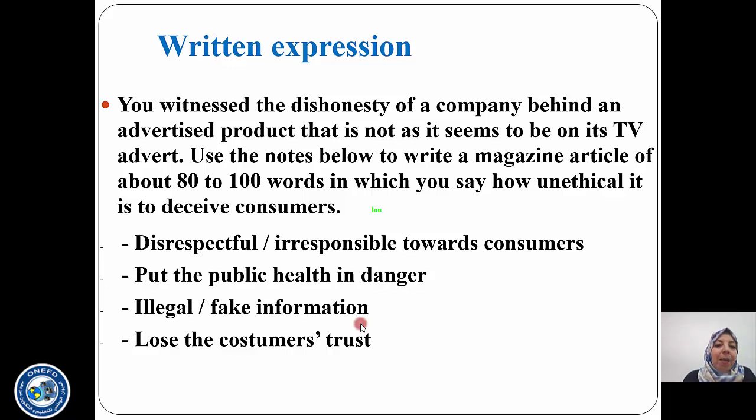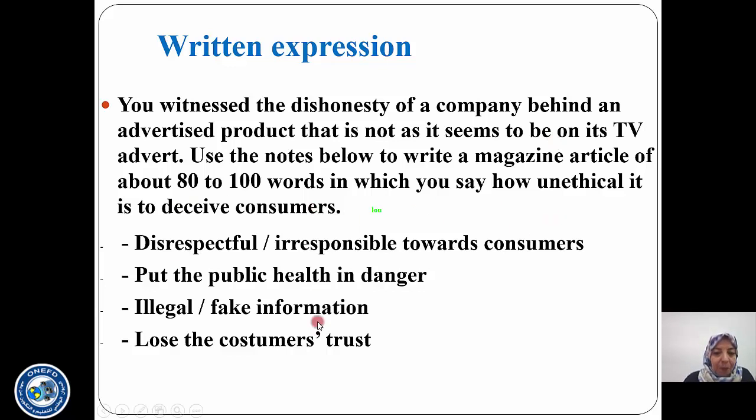So the topic says, you witnessed the dishonesty of a company behind an advertised product that is not as it seems to be on its TV advert. So use the following notes to write a magazine article of about 80 or 100 words in which you say how unethical it is to deceive consumers. Okay, how unethical it is to lie to people.